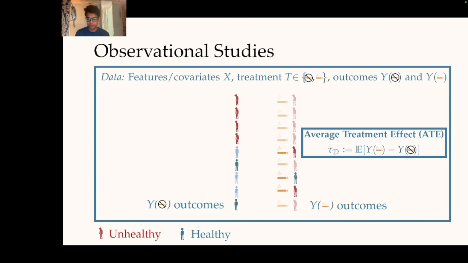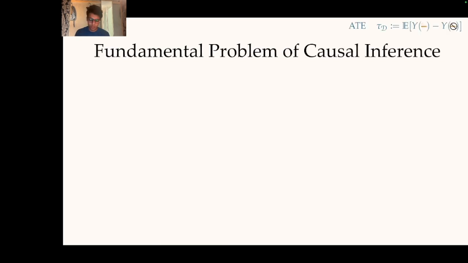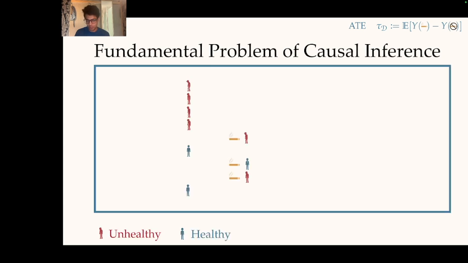Now, before going into our results and prior works, let's talk about why a naive strategy for estimating the average treatment effect does not work. Suppose we observe these individuals, some of them smoke, some of them do not. A simple estimator for the average treatment effect is to partition individuals into two parts.